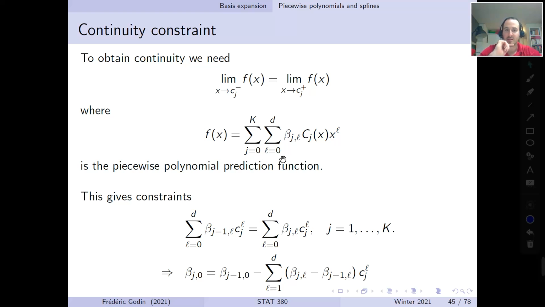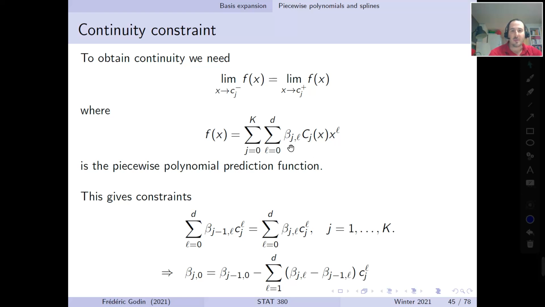This is the sum across all subintervals and all monomials of the related beta, the coefficient, times the monomial value. And this is simply an indicator to say in which subinterval you're falling, because there's exactly one Cj that is equal to 1 at a time, and for a given value of x, all other Cj's are equal to 0.